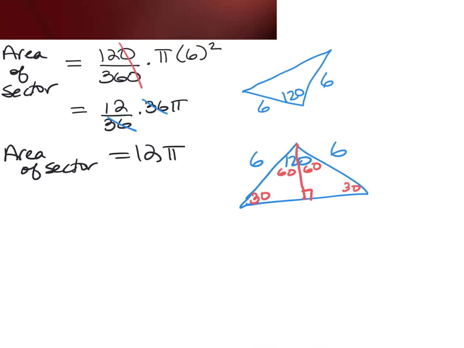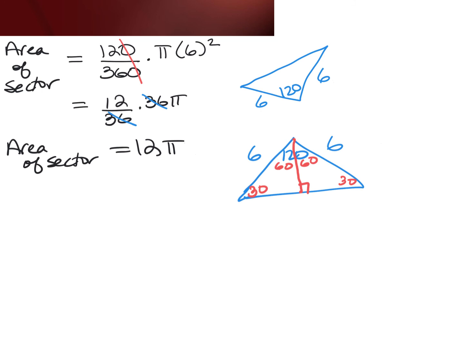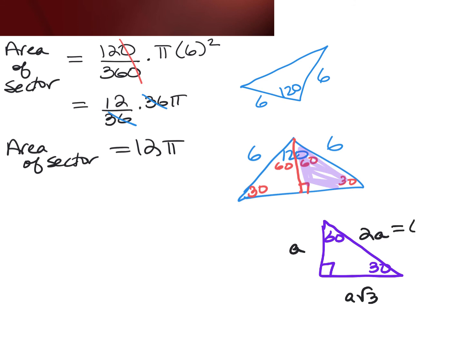You are memorizing, and if I only work with, say, this side of it first, so if I work with just part of it, 60, 30. Remember, this side across from 30 is a, across from 60 is a square root 3, and then the hypotenuse is 2 times a. Well, I know the hypotenuse, it's 6. So I need to solve that equation. 2a equals 6, divide by 2, and a equals 3.